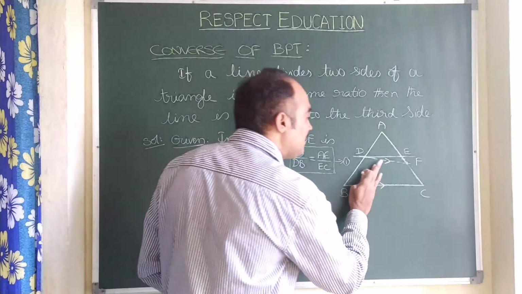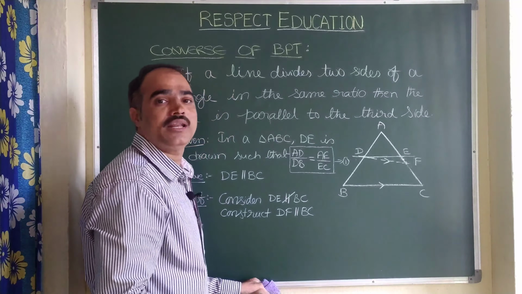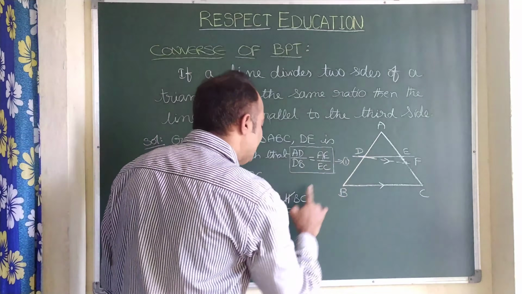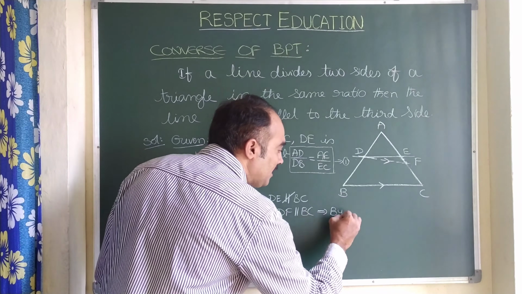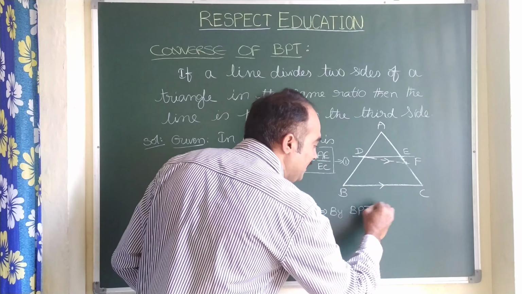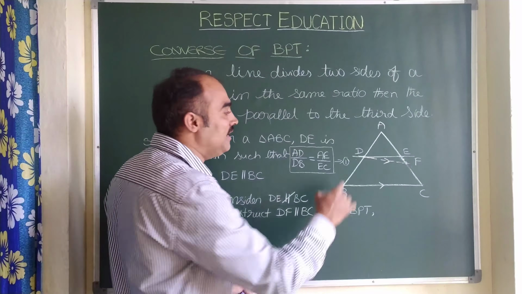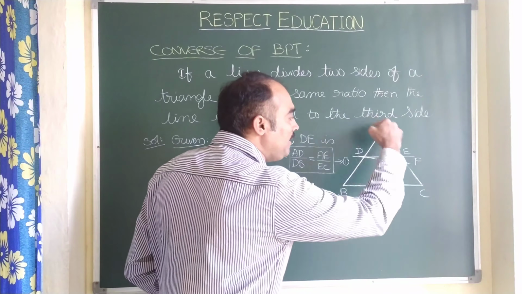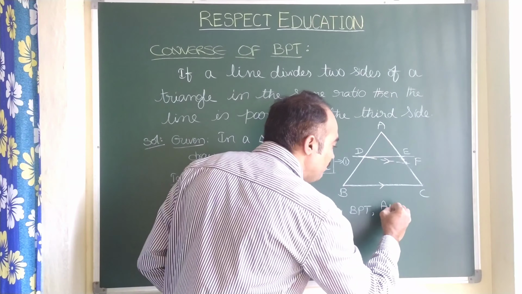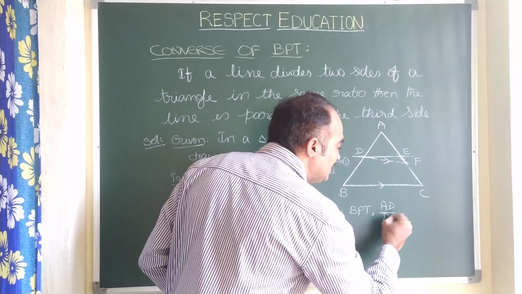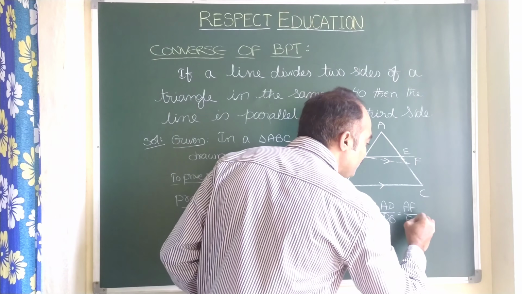So BPT theorem says that if the line is parallel, ratios are equal. So since DF is parallel to BC, by the basic proportionality theorem, DF divides AB and AC in the same ratio, meaning AD by DB is equal to AF by FC.